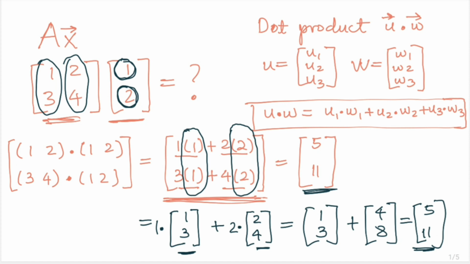So let's investigate this further, and let's do it in more generality. Let's start again. This time, in writing Ax, I'm going to write A in terms of its components. Let's assume A has 2 rows and 3 columns. So we write A11 for the entry in the first row and first column, A12 for the entry in the first row, second column, A13 for the entry in the first row, third column. And then we have A21, A22, A23.